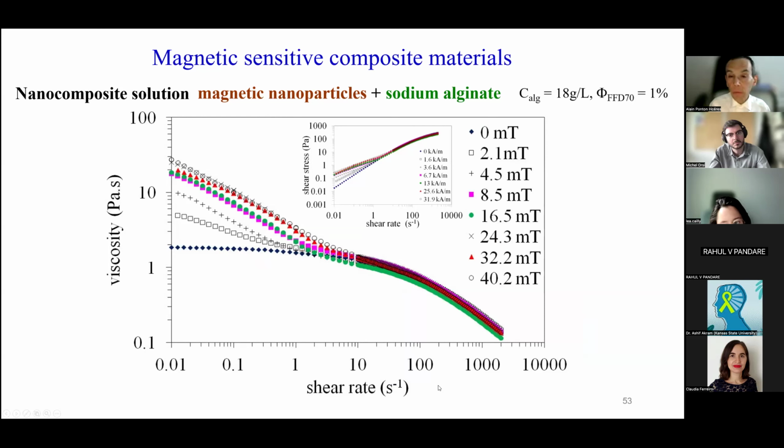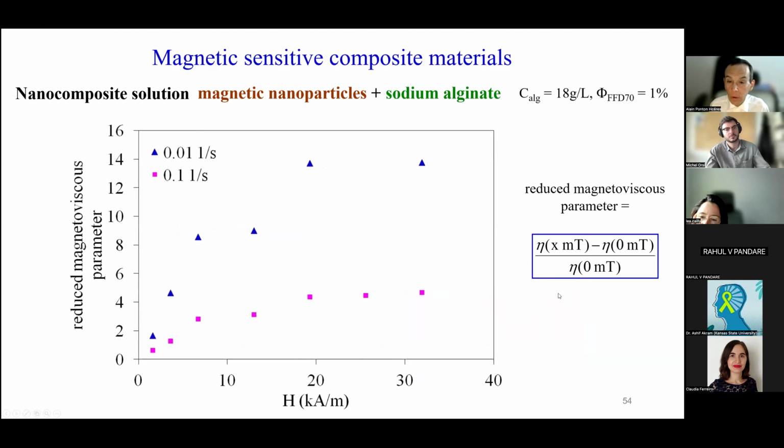So here, first example of shear rheology. Here you have the viscosity as a function of the shear rate for different values of magnetic field. At low shear rate, you can observe an increase of viscosity as a function of magnetic field. And at higher shear rate, all the curves collapse, so you have no effect of magnetic field. So how can we explain this increase of viscosity as a function of magnetic field?